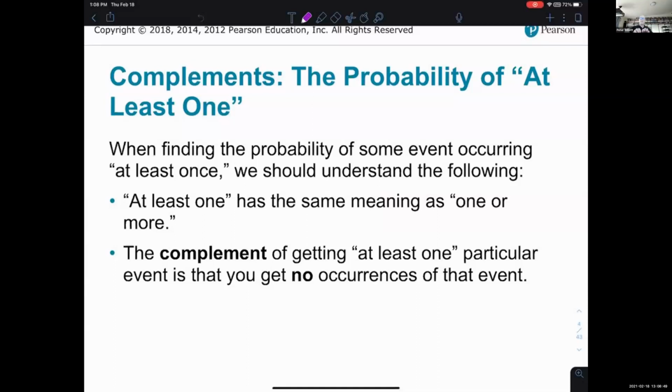The complement of something happened is that it did not happen. So the complement of at least one means that you did not get at least one, and that's why the only way to not get at least one is to not get any at all. And that's why they're using the word complement. It's in bold, but they did define that in the previous section.